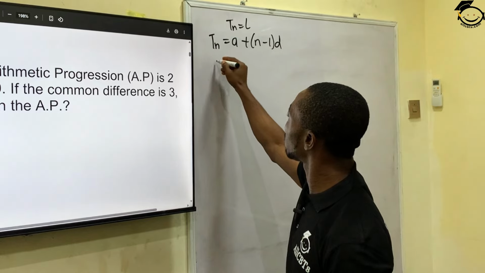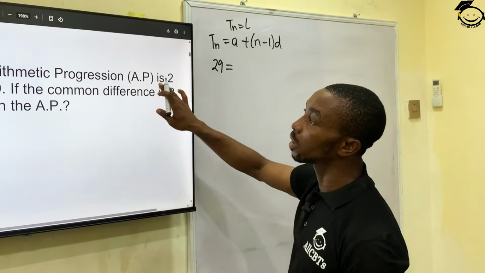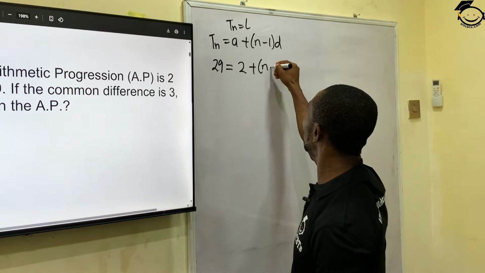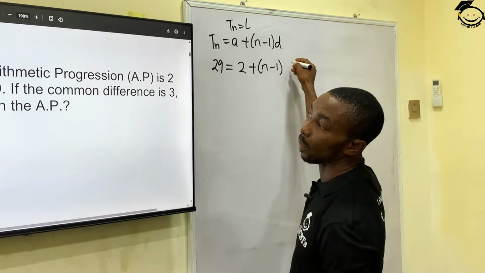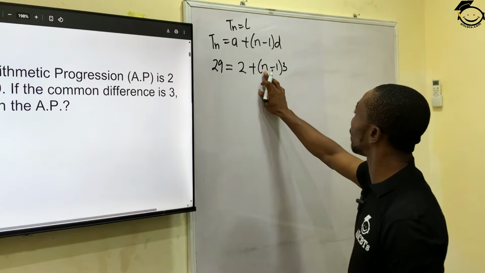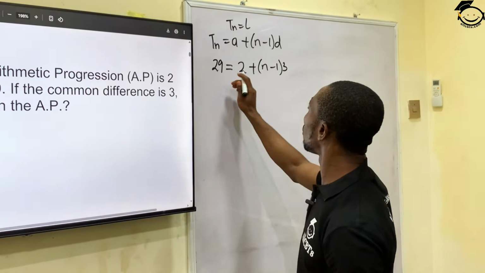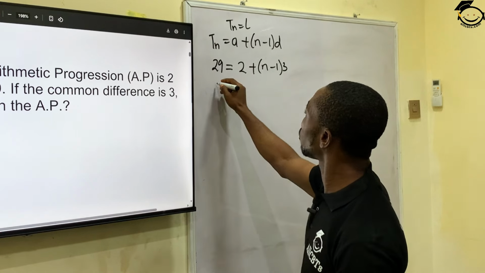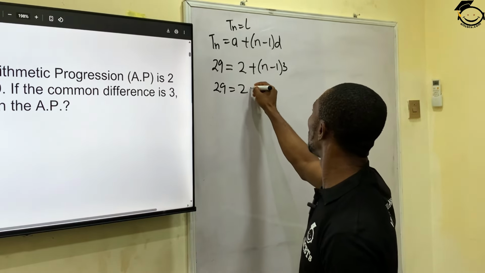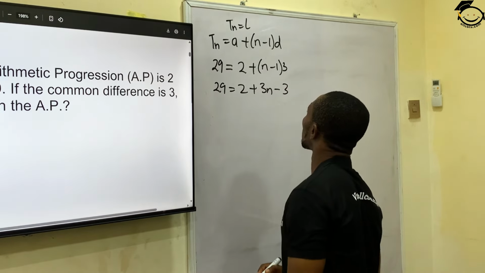So Tn is 29 equals a, which is the first term, 2, plus n minus 1, and our common difference is 3. Now, what we are looking for is the value of n, which is the number of terms in our sequence. So if we expand this, we are going to have 29 equals 2 plus 3n minus 3.